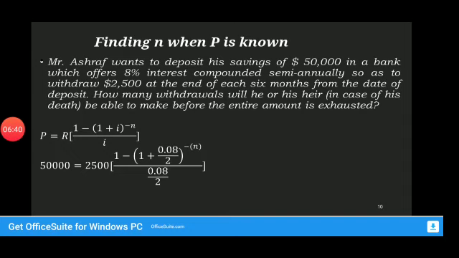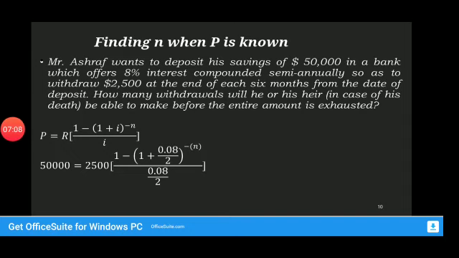Moving forward, this is another example in which we can find N when P is known. For example, Mr. Ashraf wants to deposit his savings of $50,000 in a bank, which offers 8% interest compounded semi-annually, so as to withdraw $2,500 at the end of each 6 months from the date of deposit.